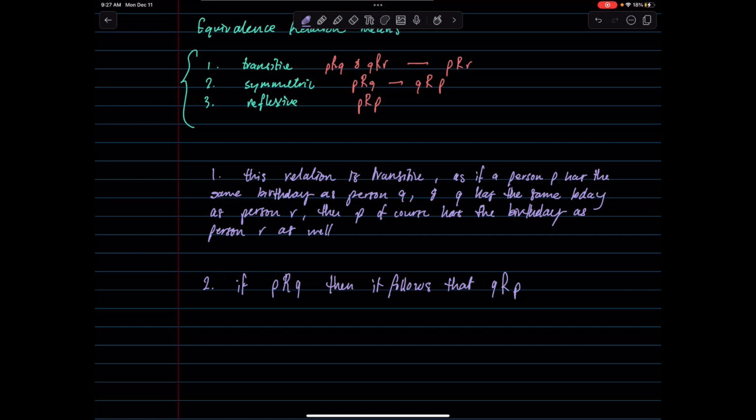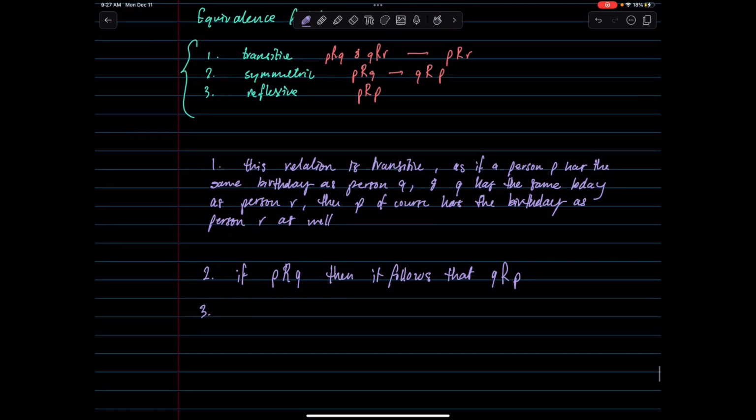So that is symmetric. Reflexive. PRP is always true, right? I'm always going to have the same birthday as myself, so that is reflexive.